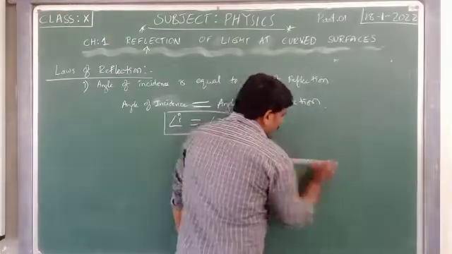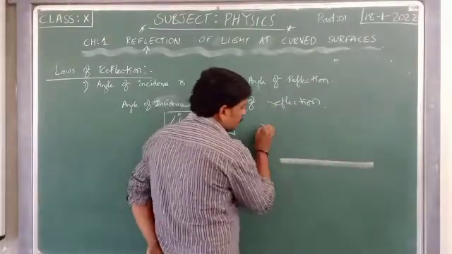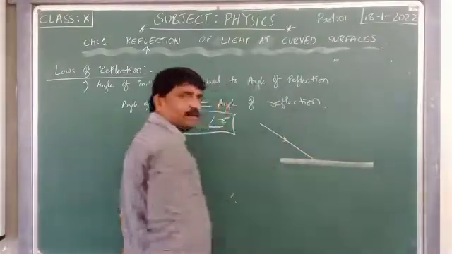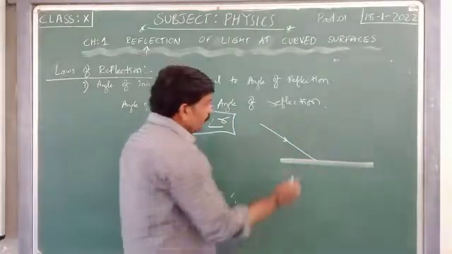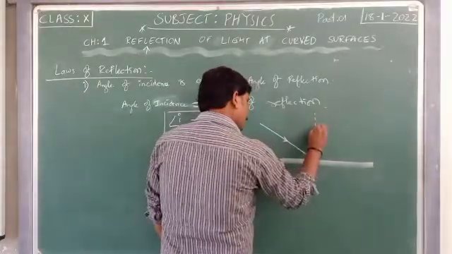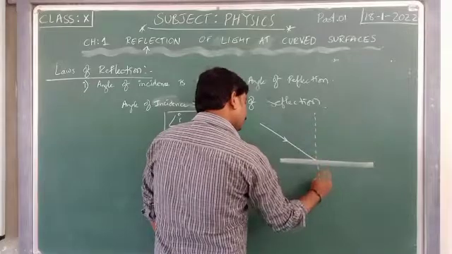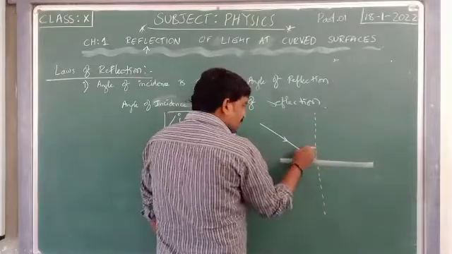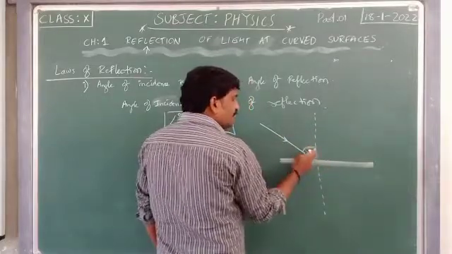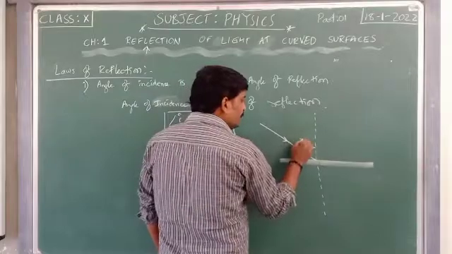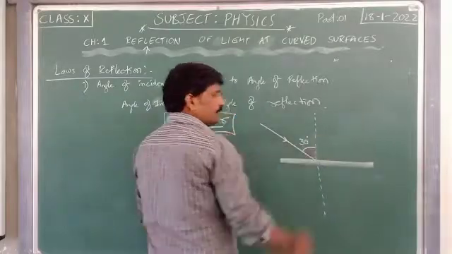So what does it mean? Suppose there is an incident ray here. We are going to draw the normal. Suppose the angle between the incident ray and the normal is 30 degrees, for example.